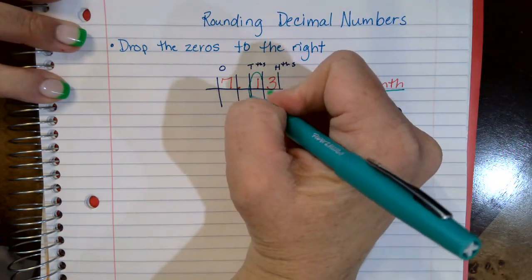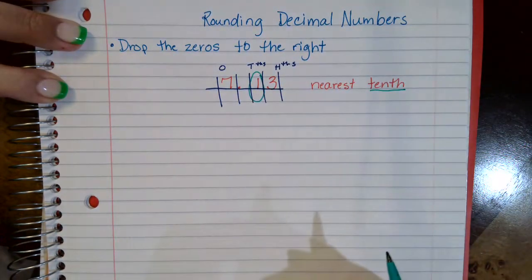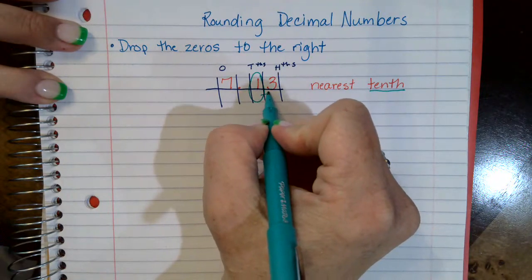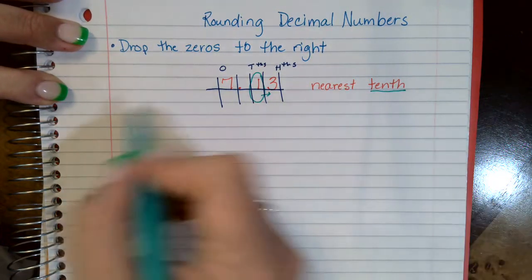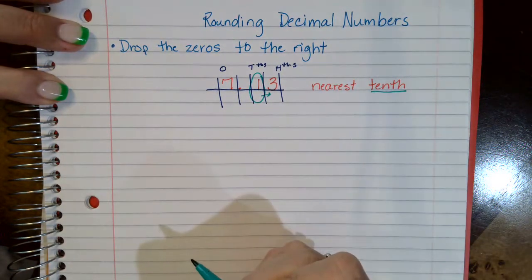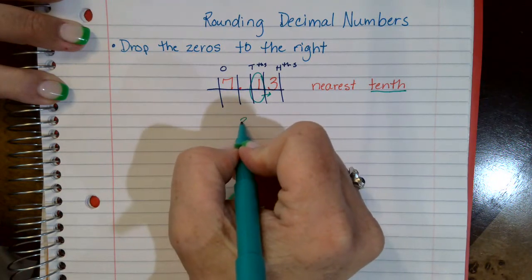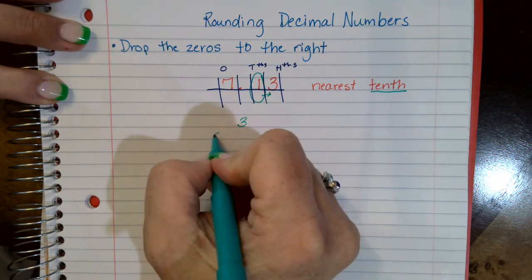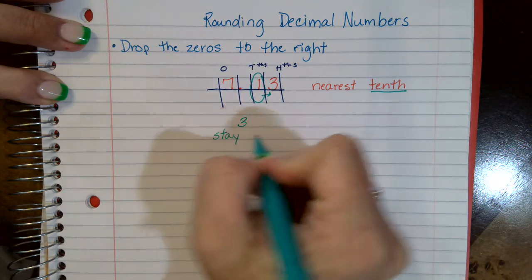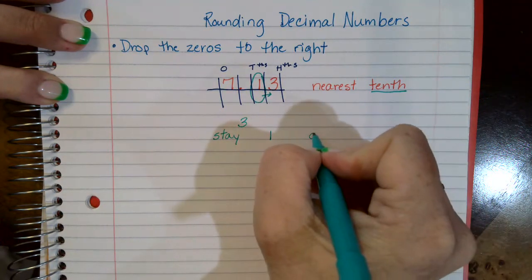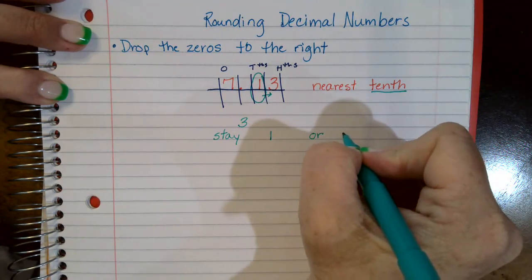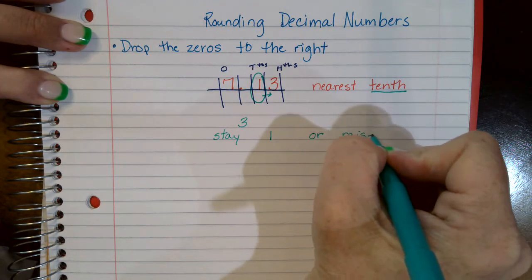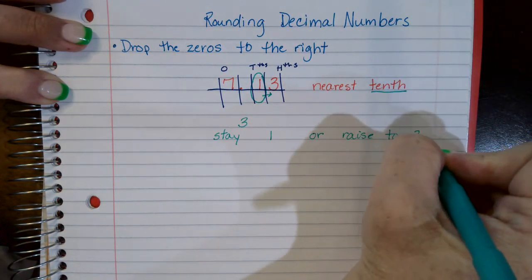So this is the place value we're rounding to. And then we have to look to the place value to the right. So in 7.13, 3 is the number that helps us decide, are we going to stay at 1 or raise to 2.